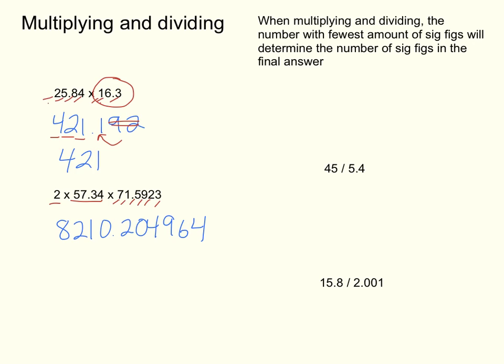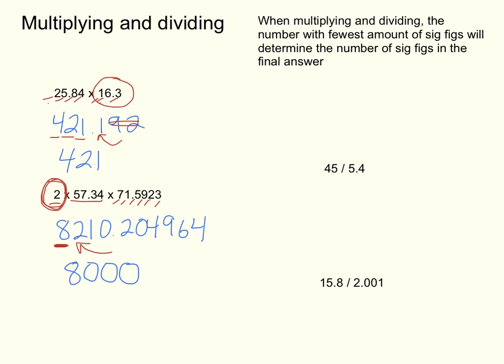Okay, so we want to use the least amount of sig figs, so in this 2 there is only 1. So that means in our final answer we can only use 1 sig fig. Sounds kind of weird, but that's how it works. So we're going to use this 2 to round. So our new number is going to be 8, and we fill in our placeholders here just like that.